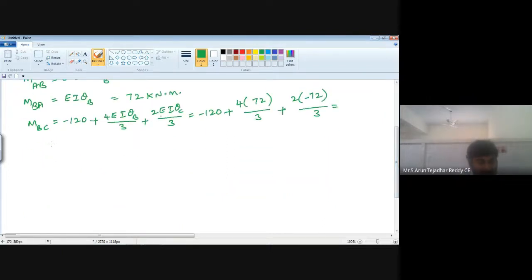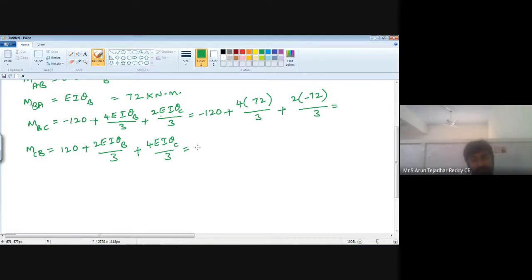Next, MCB. So MCB, fourth equation, we have 120 plus 2EIθb by 3 plus 4EIθc by 3. So this is our MCB equation.